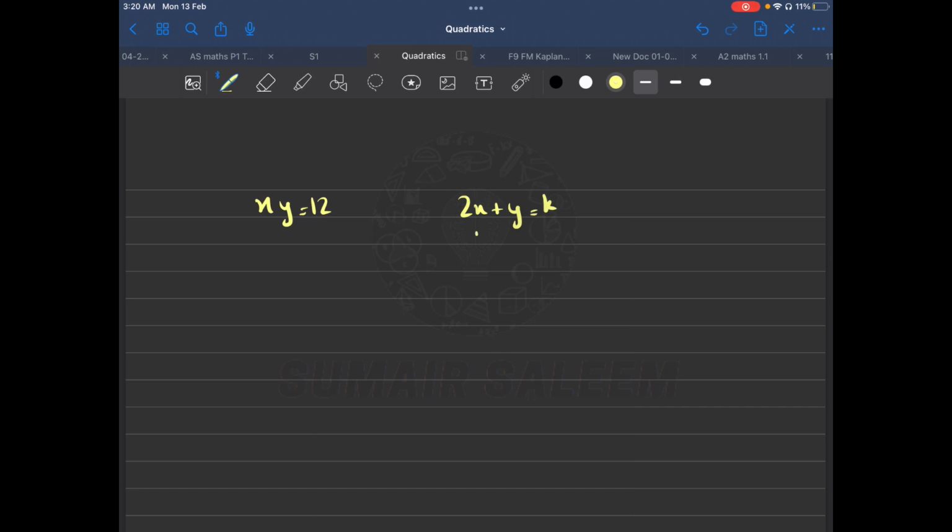So in such cases, always make y the subject first. Then equate both of them. Then it says it does not intersect, which means, guys, b squared minus 4ac what? No solution. No solution is when? When it's less than 0.